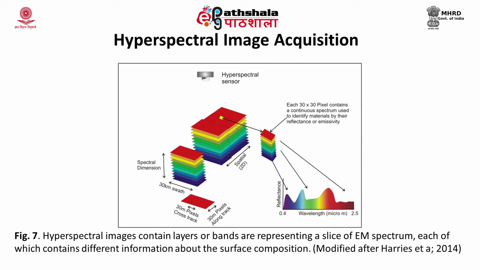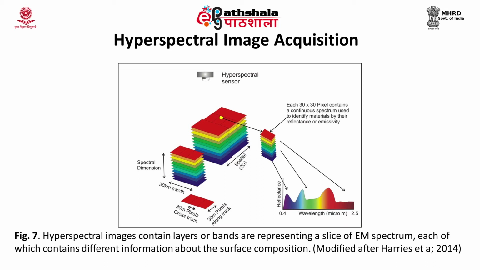And in the diagram, the stacking is nothing but the information about the different wavelengths. Depending upon the spectral resolution, you can have multiple layers of this information, and depending upon your requirement, you can extract that information from these images.